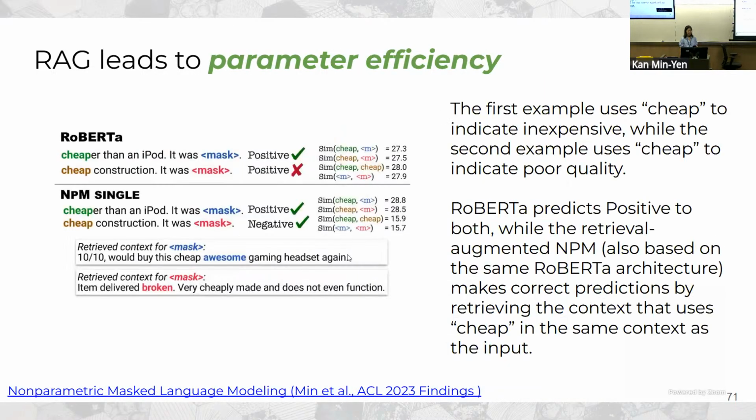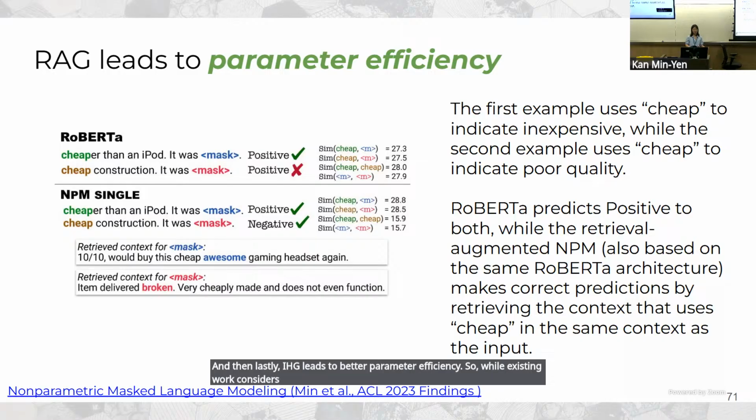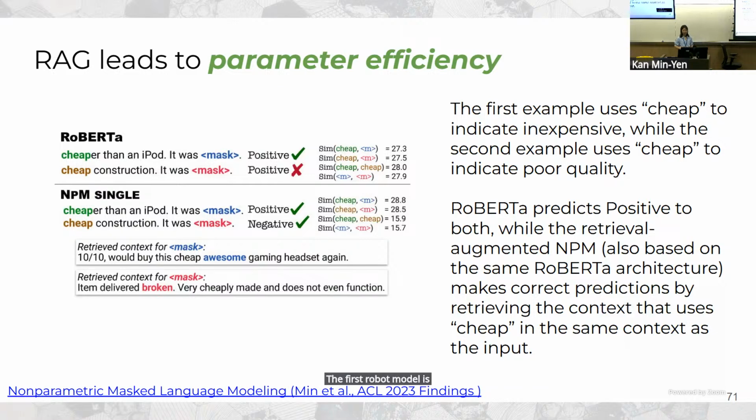And then lastly, RAG leads to better parameter efficiency. Existing work considers two pre-trained language models, both RoBERTa large models. The first RoBERTa model is pre-trained on web-scraped corpora without retrieval.